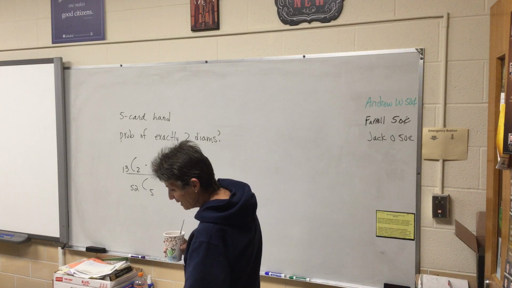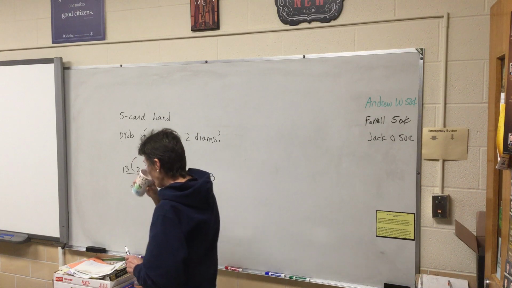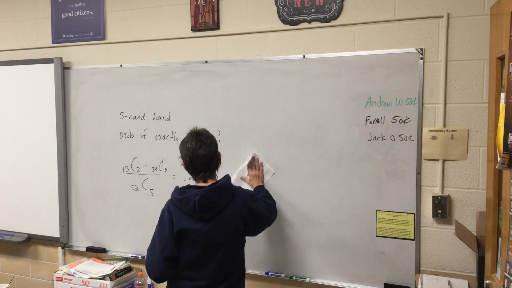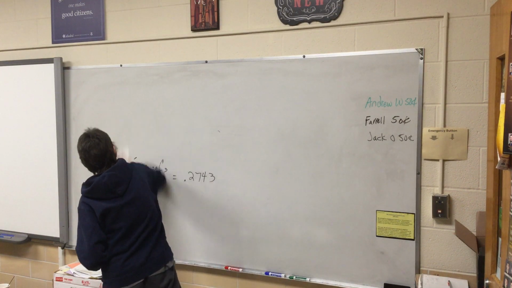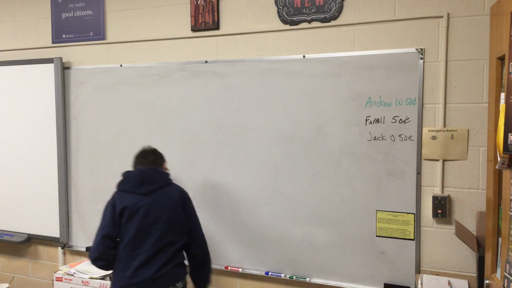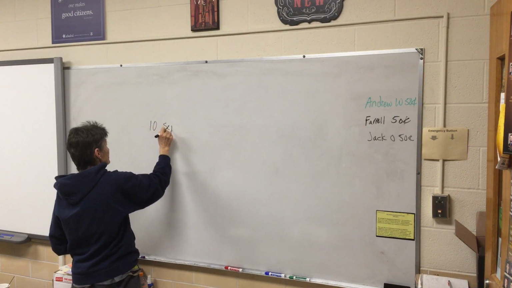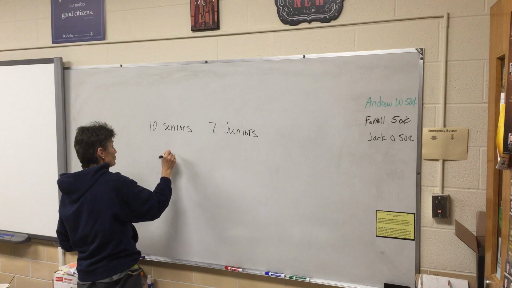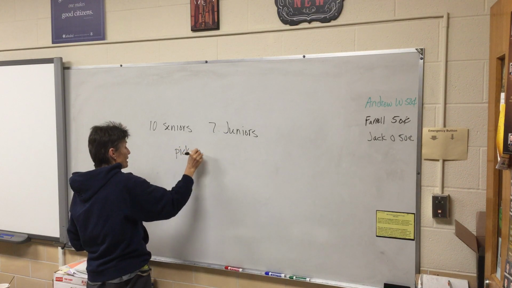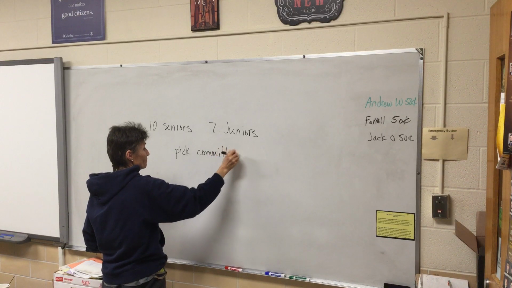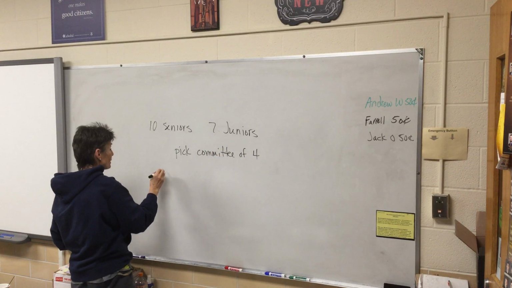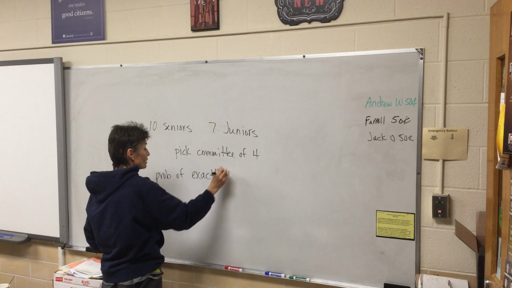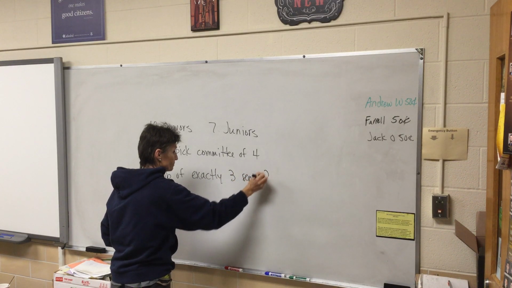All right, let's do one more like that, but a little bit different. Okay, so let's suppose that we have a group of 10 seniors and 7 juniors, and I am going to pick a committee of 4, and I want to find the probability of exactly 3 seniors.